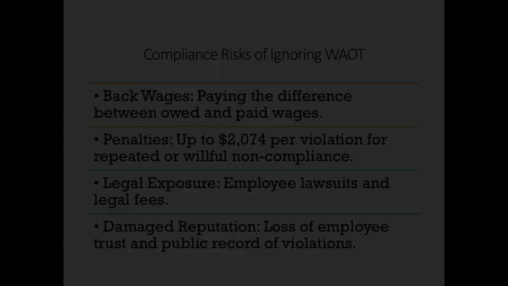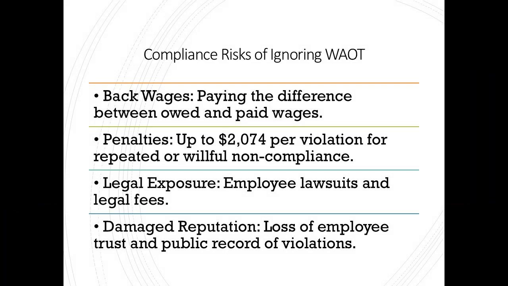So, Michael, this isn't just for manufacturers. They're not the only ones that need to be concerned about this. Is that correct? That's correct. This applies to any company in any industry, whether they're small or large. Some of the compliance risks that the organization is subject to are repaying any back wages for the employees that aren't covered for that weighted average overtime.